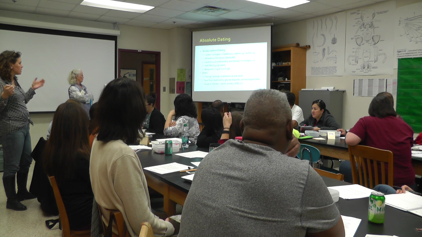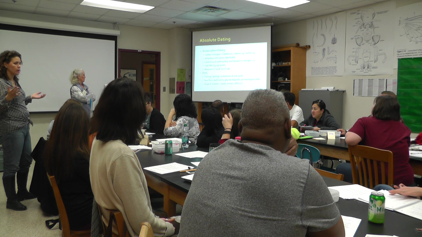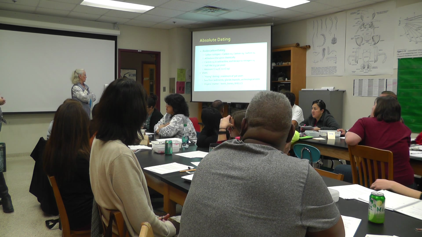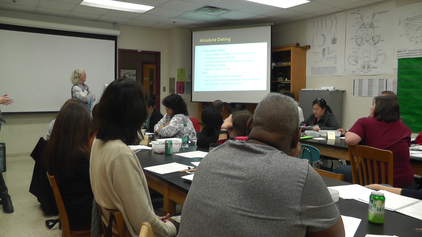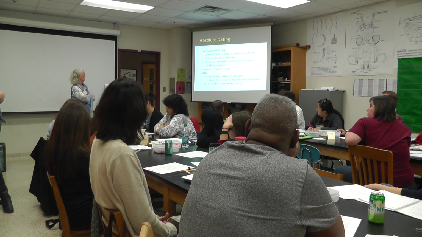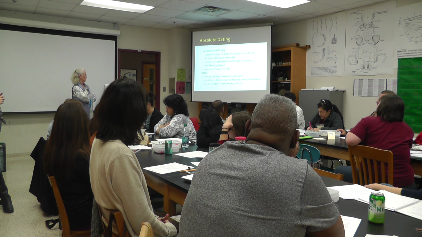We use it for young dating, so it's not good for old things. It has its limits. Teeth, bones, shells, anything that was made of carbon is a good target for carbon-14 dating.